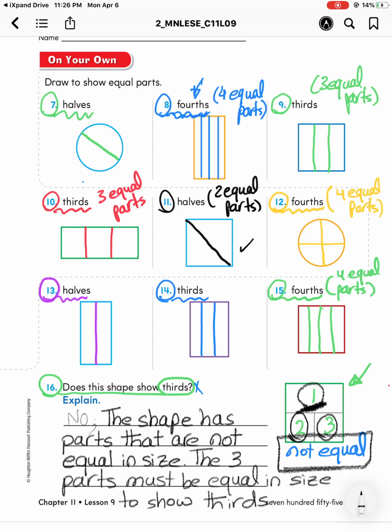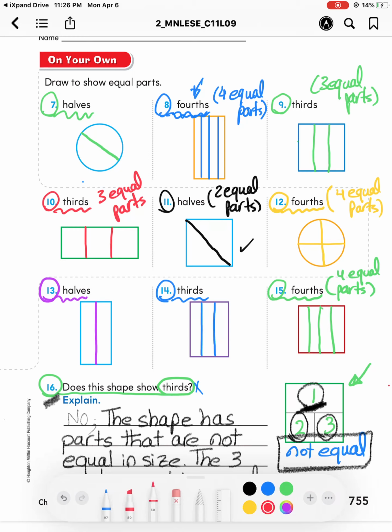Okay, so this is the answer for our question here. So the answer is no, the shape has parts that are not equal in size, and the 3 parts must be equal in size to show thirds. I can't say that this part shows thirds because the parts are not equal in size.